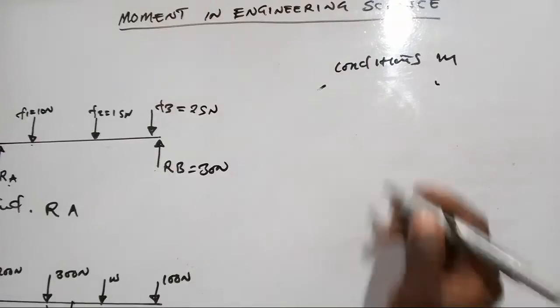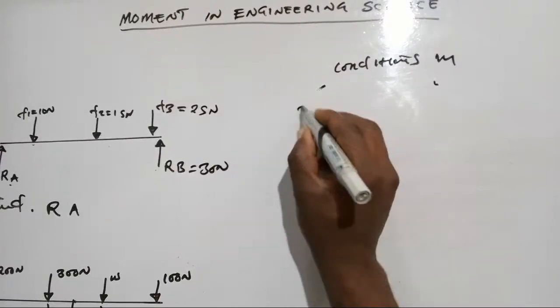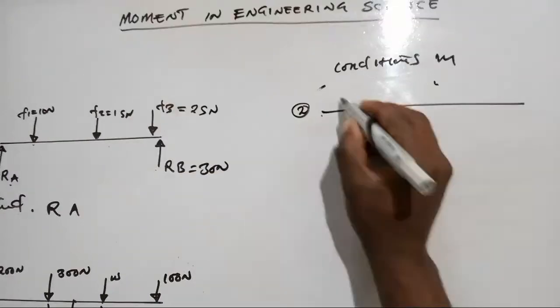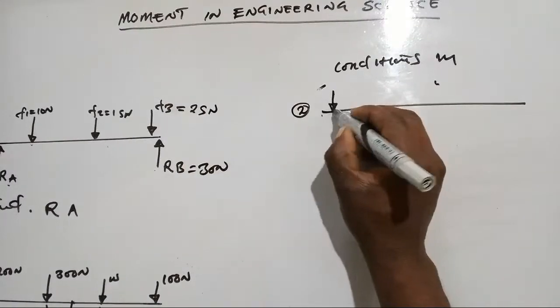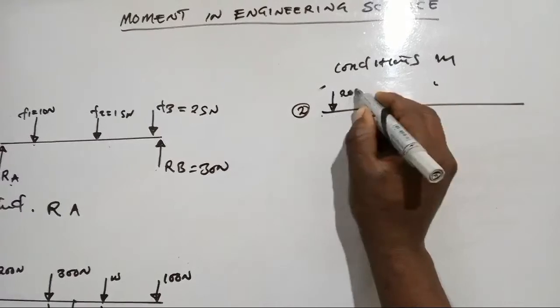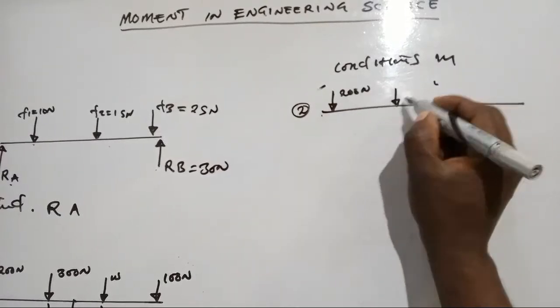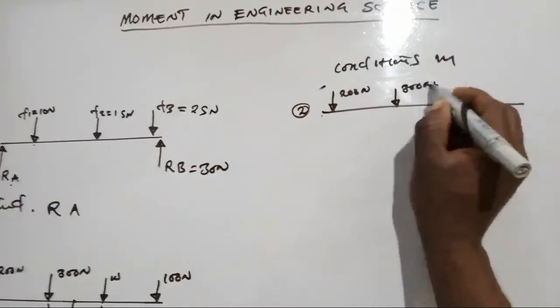Question 2, the diagram, it is like this one. We have the forces acting downward, which is 200 Newton. Then another force, which is 300 Newton.